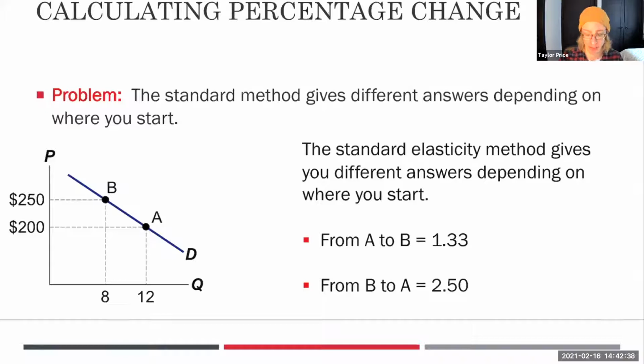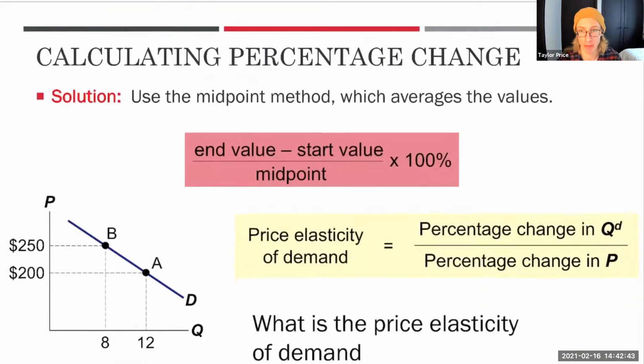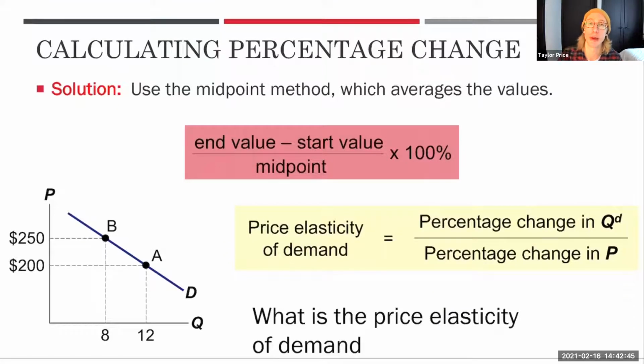So because of that, we're actually going to use something called the midpoint method. And this is going to allow us to basically average. So we don't run into problems where, depending on the direction we're moving, the values are going to change. This is effectively going to minimize or eliminate that problem for us.